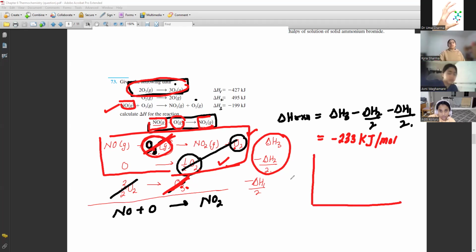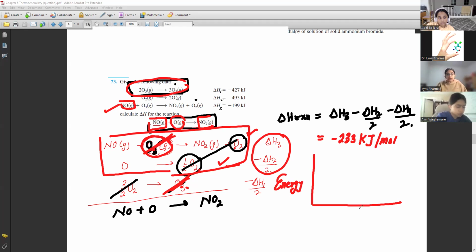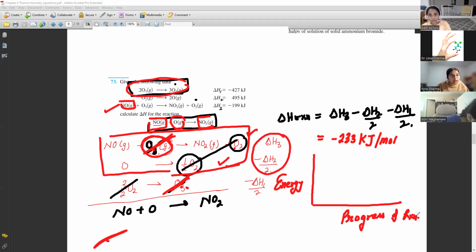Kyra, can you make the energy profile here? Pick up the pen from here. Is it exothermic? Yes, it is. So Kyra, can you make the energy profile?